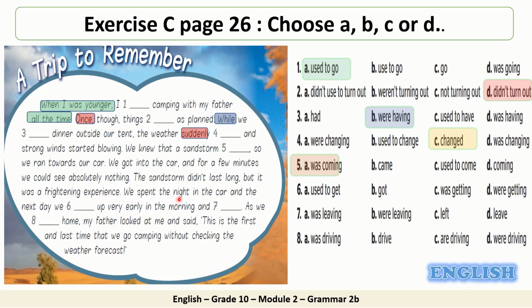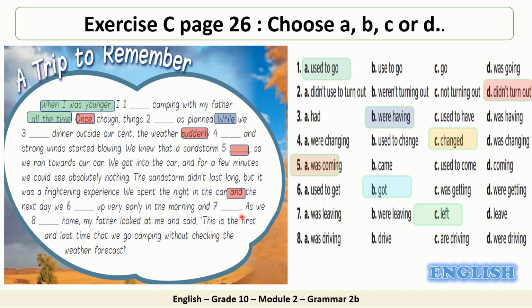We spent the night in the car, and the next day we got up very early in the morning and what? And left. Excellent. Why did we choose the simple past in example number 6 and number 7? It's because we have a series of completed actions in the past.